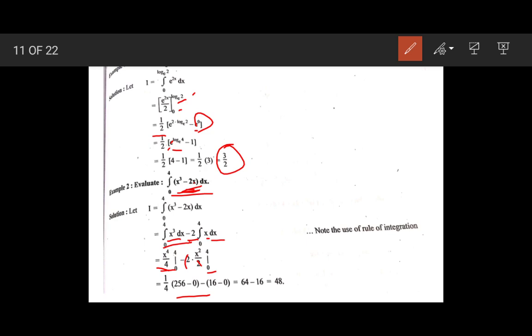So first we put the upper limit, meaning 4 square, 16, minus when we substitute the lower limit, meaning 0, it will be 0. So 256 divided by 4 is 64, minus 16, so that is equal to 48.